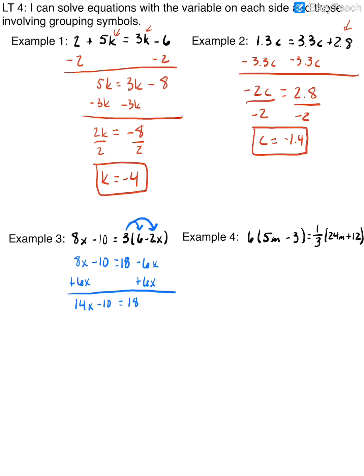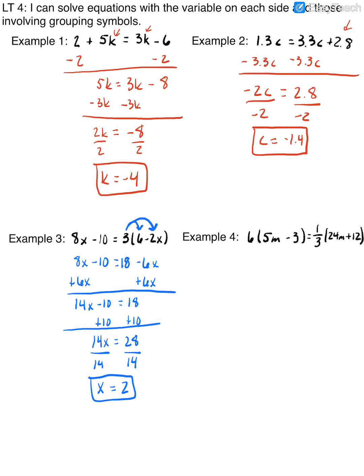Now this is just like a normal 2-step equation, where I'm going to add 10 to both sides, because it's being subtracted. That leaves you with 14x on the left. 18 plus 10 on the right gets you 28. Then, because 14 is multiplied to x, I'm going to divide both sides by 14. That leaves you with x equals 2. And that's your answer.